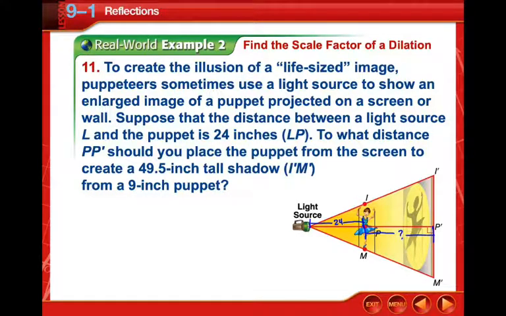If we want the 9-inch puppet, so from I to M is 9 inches, to make a shadow from I prime to M prime, that is 49.5.